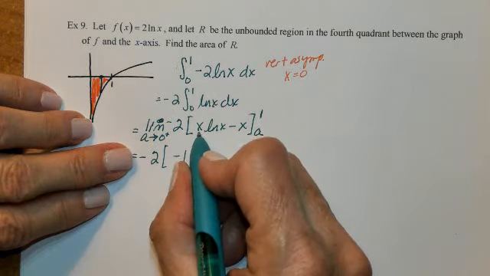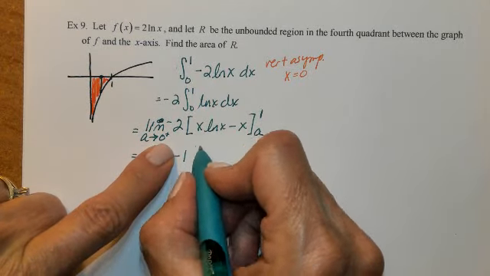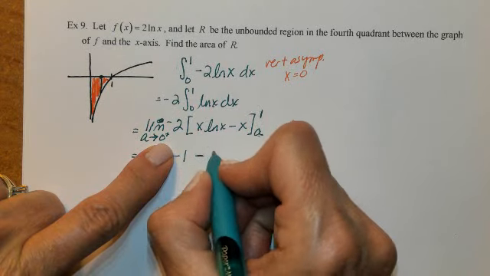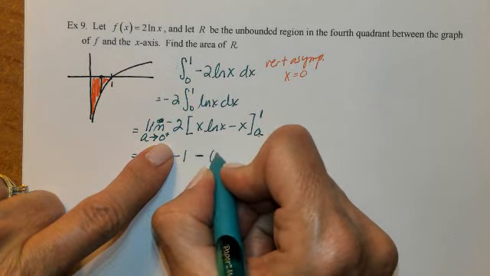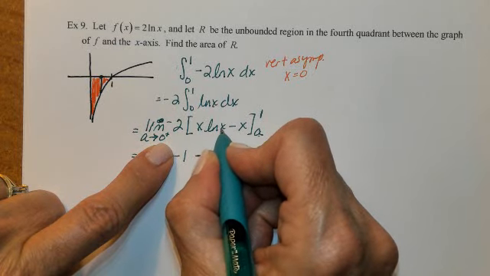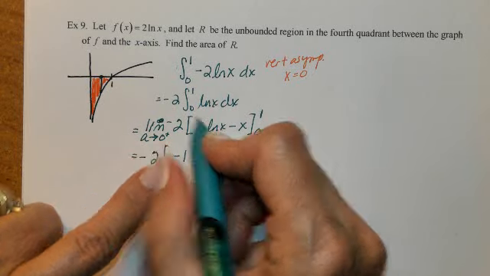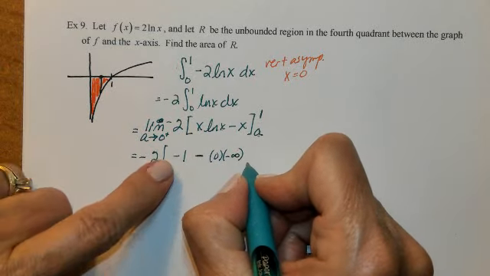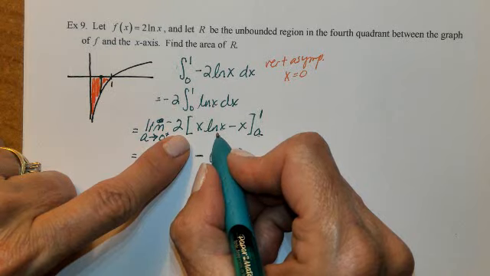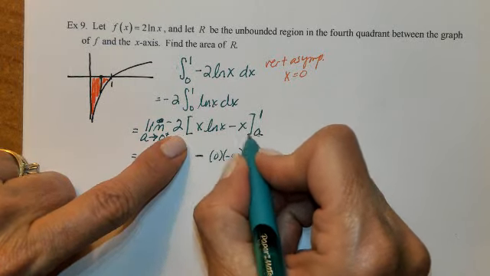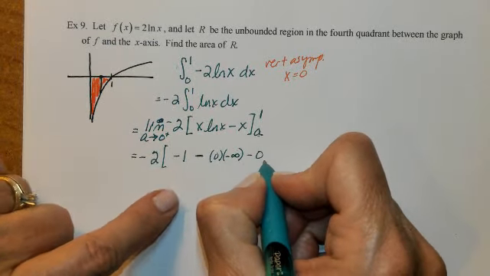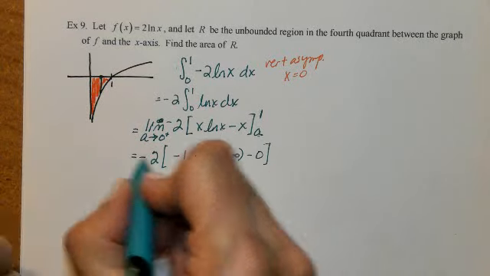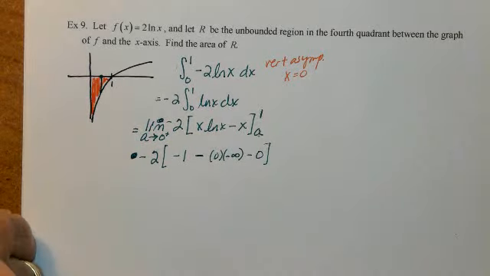When I put a in for x and let a go to 0, I get a 0 times natural log of something going to 0 from the positive side, which is negative infinity. Uh-oh. Minus 0. So that part was okay, right? Well, this is indeterminate. So I cannot say it's equal to.